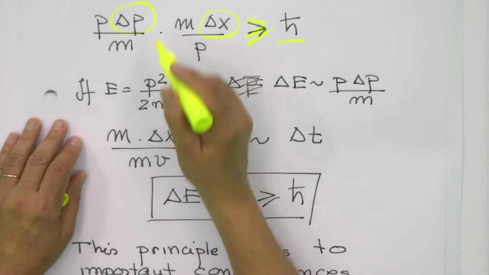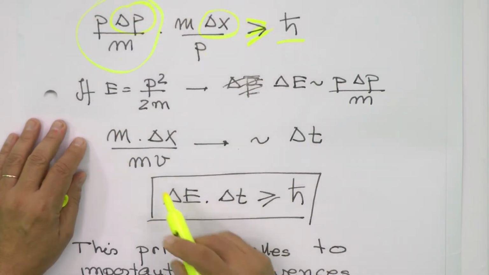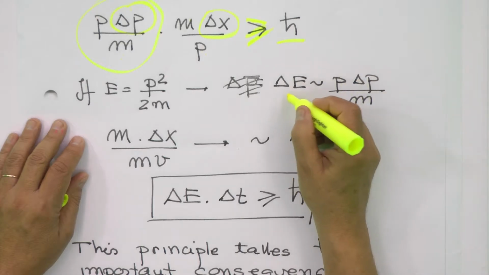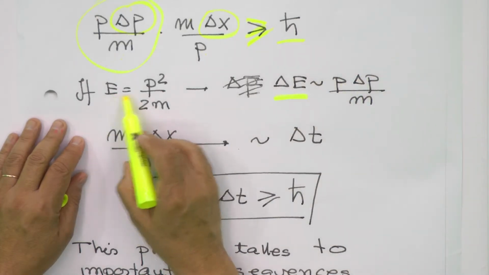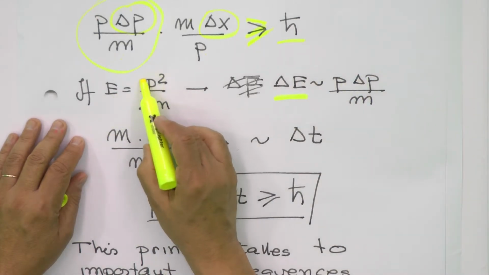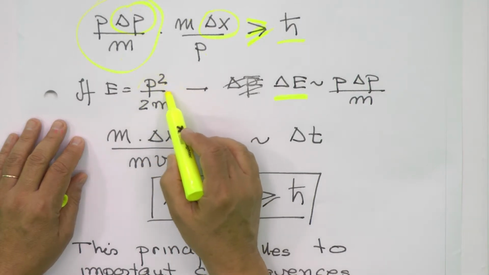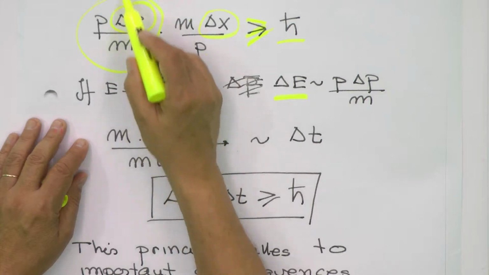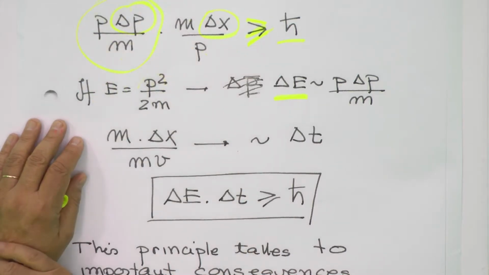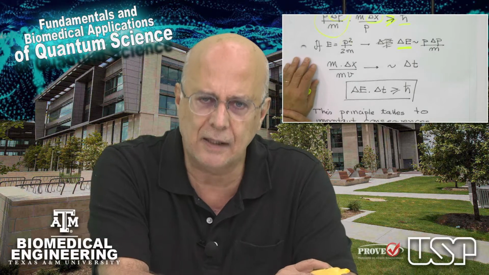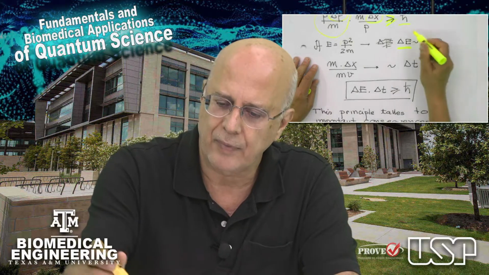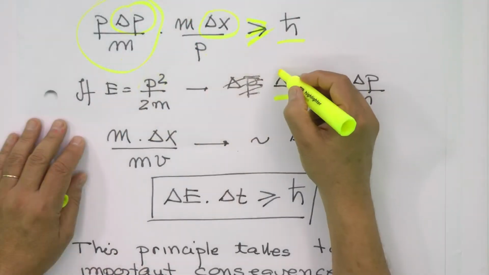It turns out that this first term is basically the variation of the energy. If you take the variation of energy, the 2 gets here, then I get 2 times p delta p, the 2s cancel. So this is actually the variation of the energy of the particle, which I'm going to call delta E.